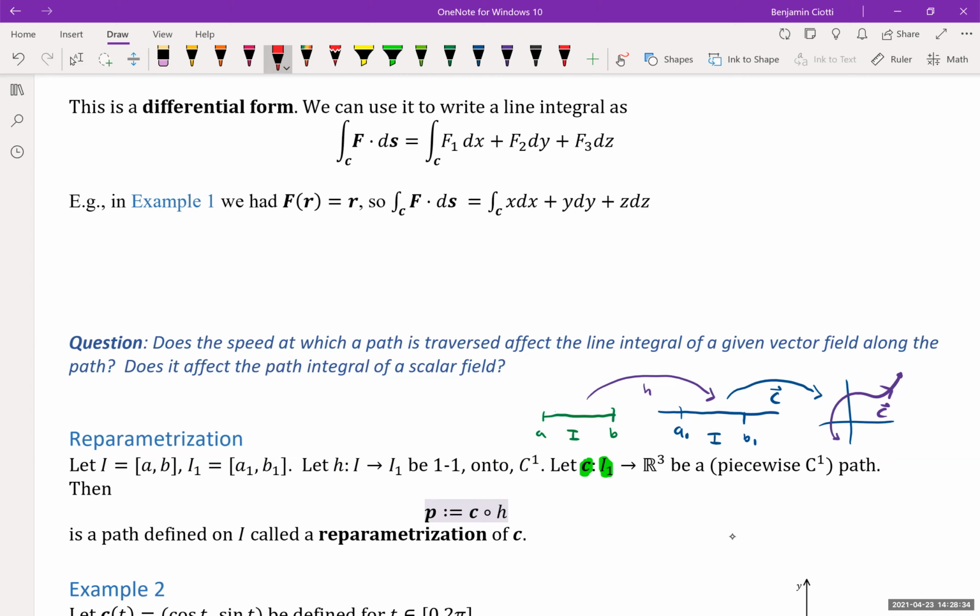This new path goes straight from I to the plane, right? Like you plug t into H, and then you plug H into C. That gives you this new path, and we call it a reparametrization of the first path.